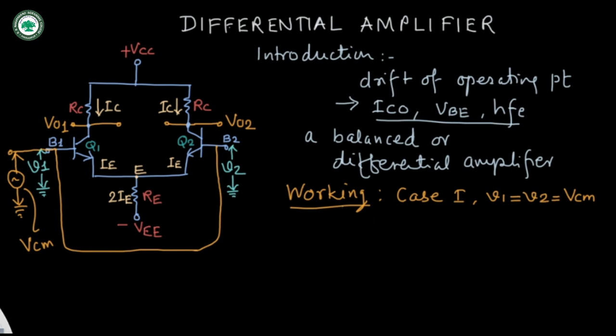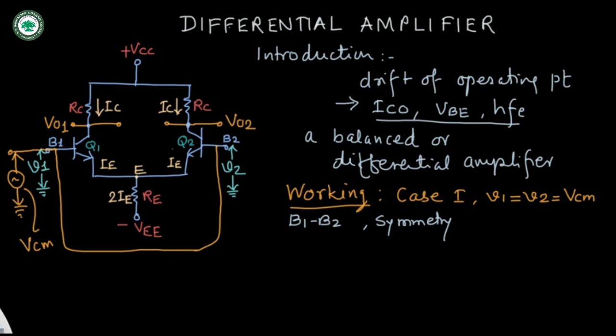Now in this case, as B1 is connected to B2, there is also symmetry in the circuit, and symmetric means the resistors are the same, that means the RC value is the same. There is no problem with the emitter resistor, as it is a single resistor.